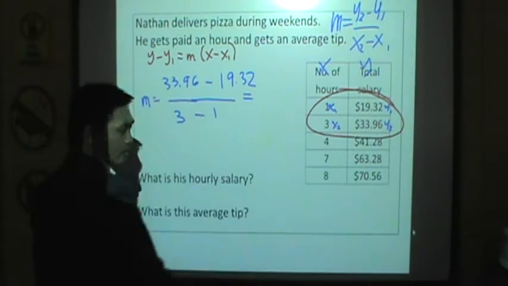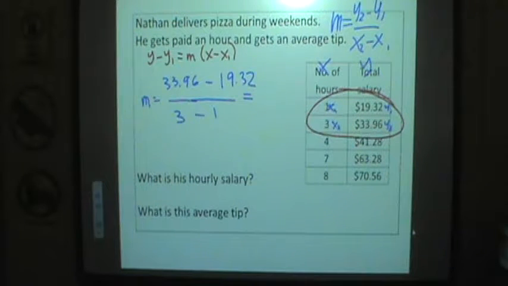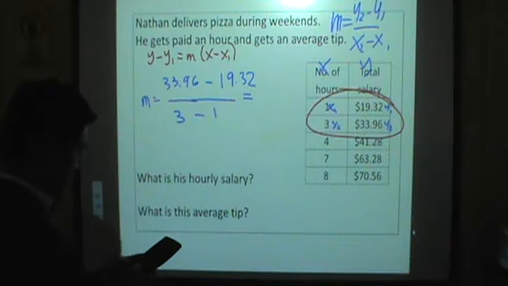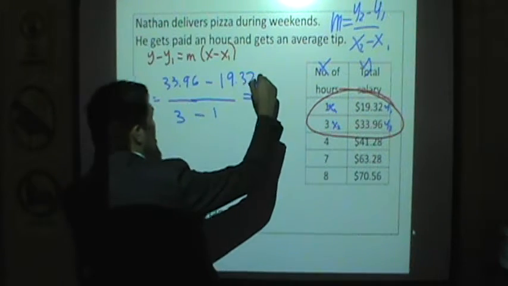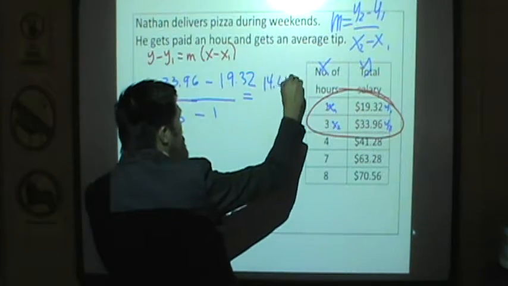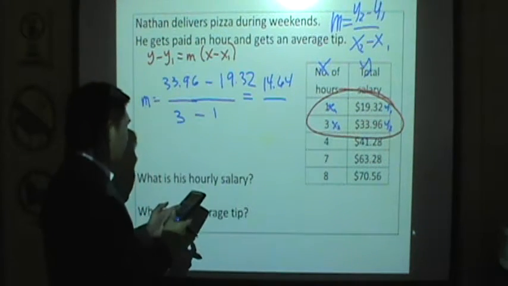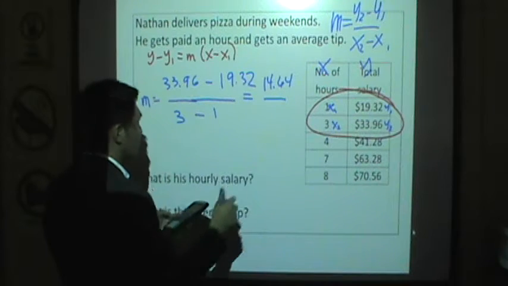Now, using your calculator, 33.96 minus 19.32, we're going to get 14.64, and 3 minus 1 is 2.